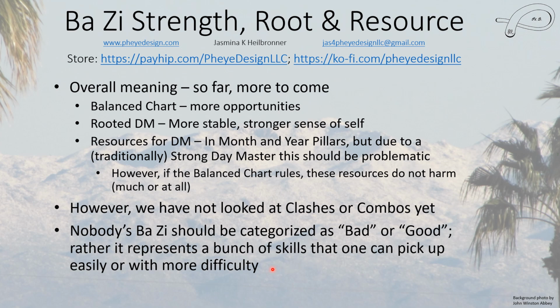Now, nobody's Bazi should be categorized as bad or good. What your Bazi represents is a bunch of skills that you can pick up easily or with more difficulty. You can pick up almost any skill that you need or want, but your Bazi will tell you where it's easiest for you to pick it up.